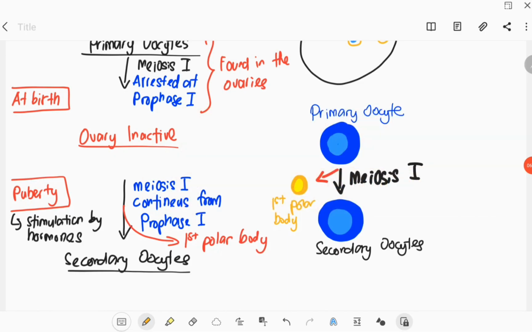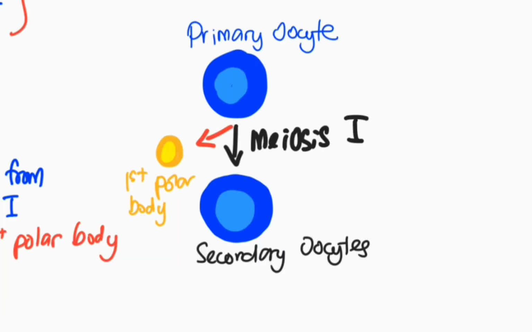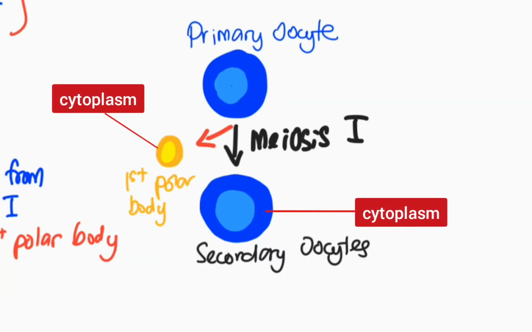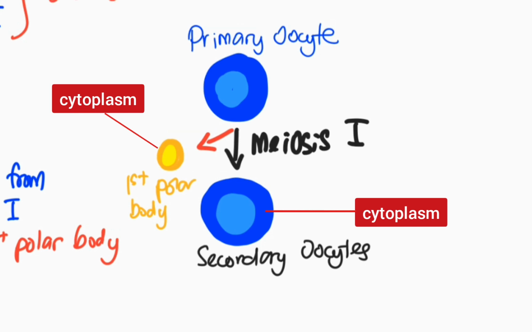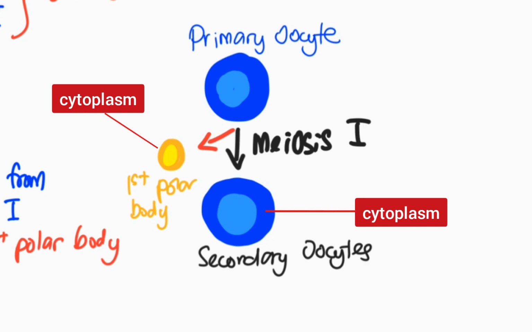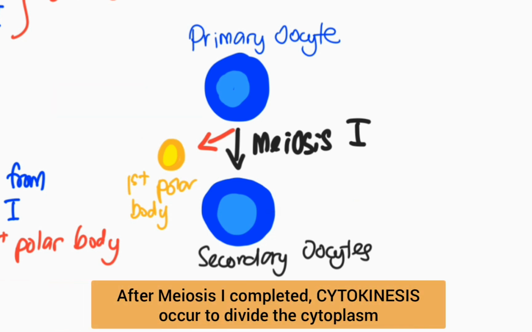So the main thing yang kita akan notice, the difference between secondary oocyte and the first polar body is the size of the cytoplasm. Sepatutnya apabila meiosis itu berlaku and then followed by cytokinesis, both of the daughter cells akan receive almost equal amount of cytoplasm. Tetapi untuk oogenesis, apabila primary oocyte divide by meiosis 1 and then followed by cytokinesis, proses cytokinesis itu berlaku secara unequal.